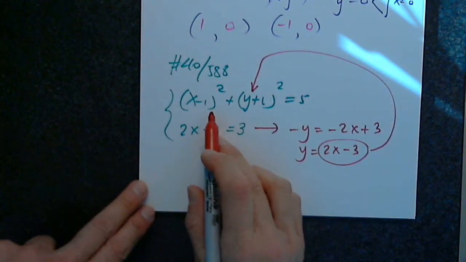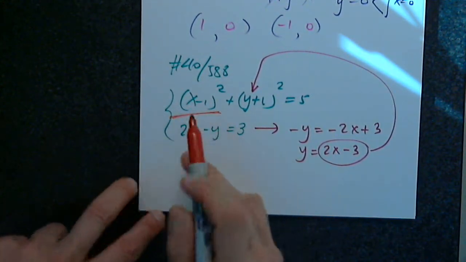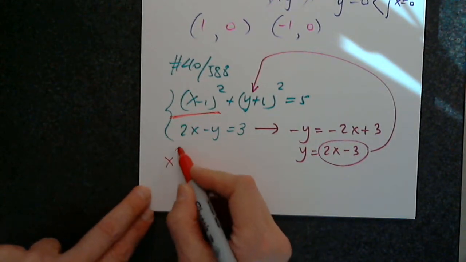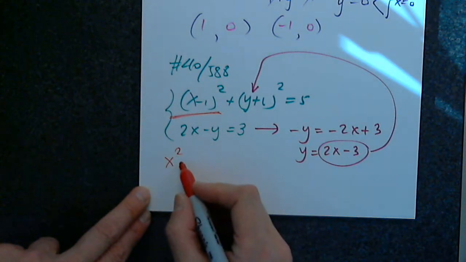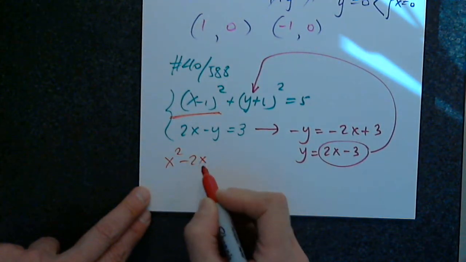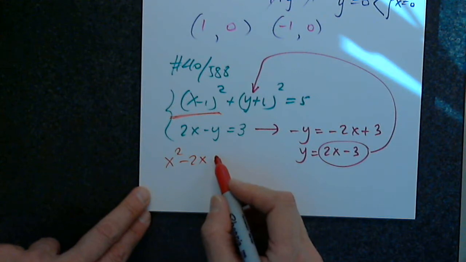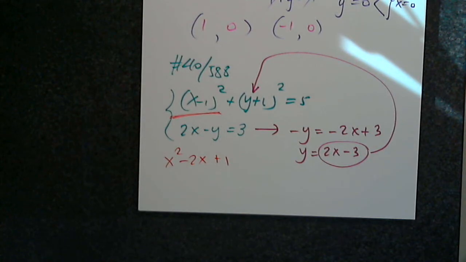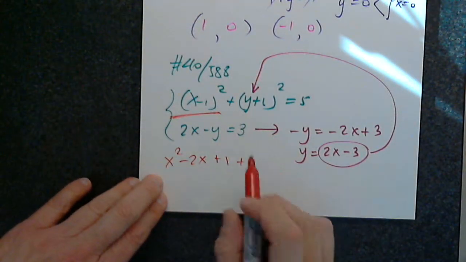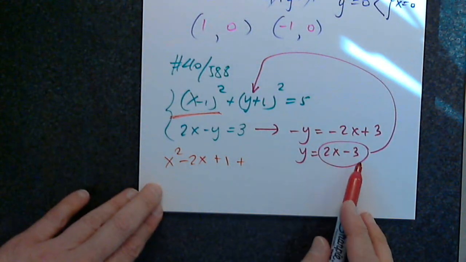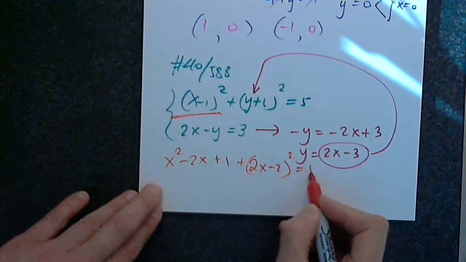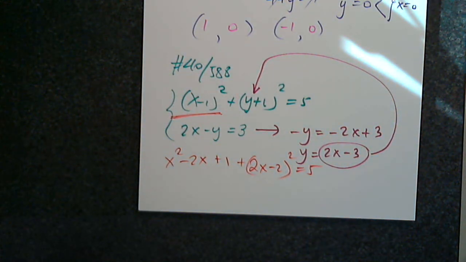So we have x minus 1 squared. Can anyone give us the expanded form of x minus 1 squared? x squared minus 2x plus 1. 1 squared is 1. Remember we talked about this on the first day of classes. Good. So I replace now y by 2x minus 3 plus 1. So that will be 2x minus 2 squared equals 5. 2x minus 3 plus 1 is 2x minus 2.